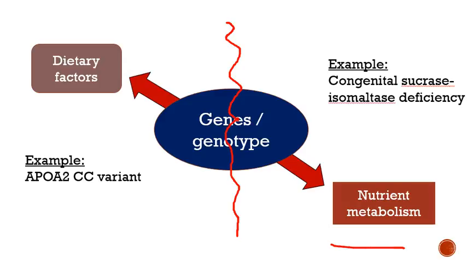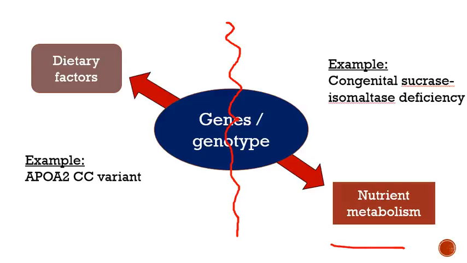Some of you may have heard of this congenital disorder called sucrase isomaltase deficiency. This is a genetic disorder that's interesting in Alaska because it has far higher prevalence in Alaska and Greenland and those northern areas than in other populations. So it's an interesting disorder to look at.